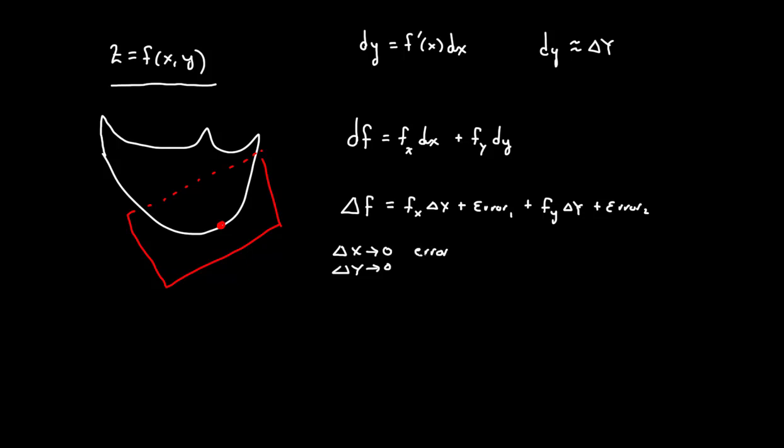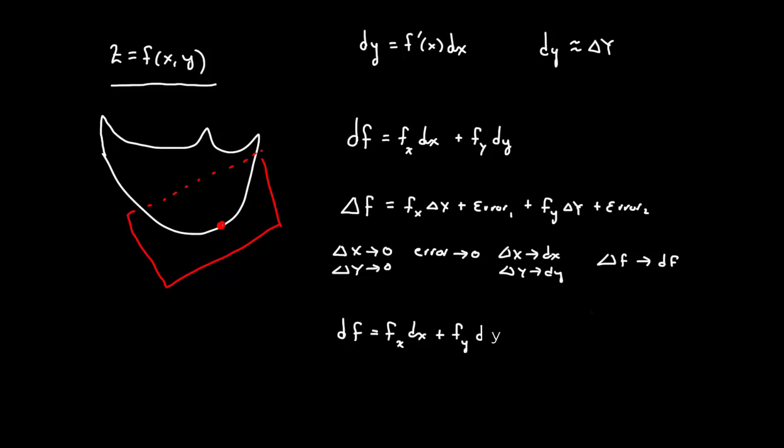The delta x then approaches the dx, the delta y approaches the dy, and then the delta f approaches the df. And so we can say here that df equals the partial derivative of f with respect to x, the x slope, times dx, plus the y slope times dy.